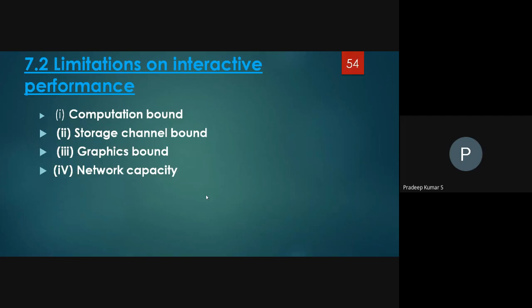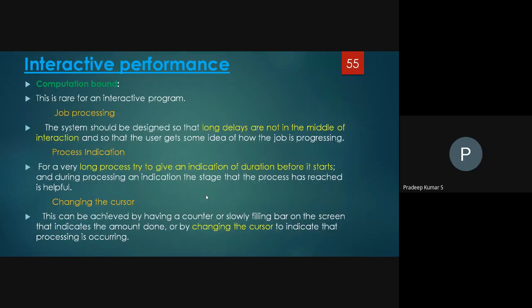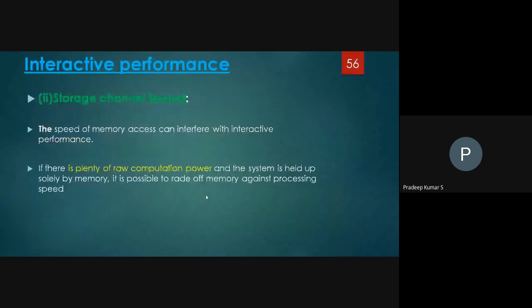For the graphics bond, the highly packed graphics and graphical code are used, and a clever algorithm can be used. For the network capacity, it is file sharing at a single time. Then we can write whatever beautiful concept. Here are the four major points, don't forget them at any time. This is very, very important. The sub points I can also give in the color presentation day.